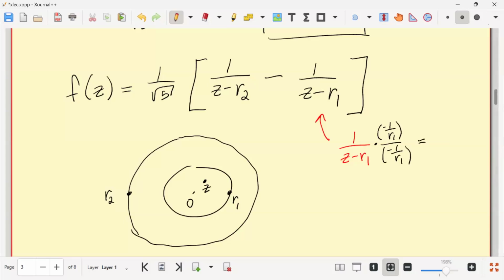Then on the bottom, it looks like it's the limit of a geometric series, the sum. And I would get 1 minus z over r1. That's what I was shooting for, like in the proof of the Cauchy integral formula for power series. We got power series that way. And on top, I get minus 1 over r1.